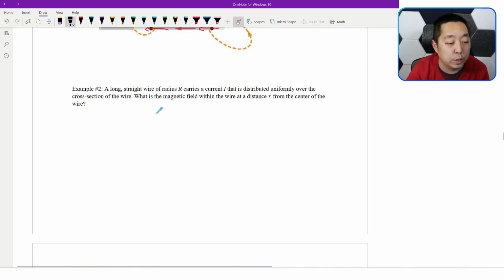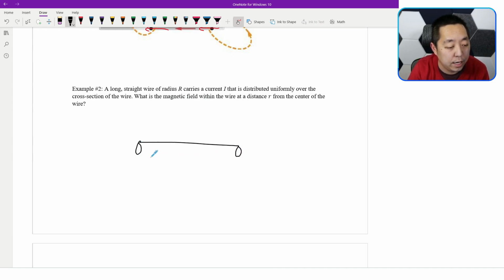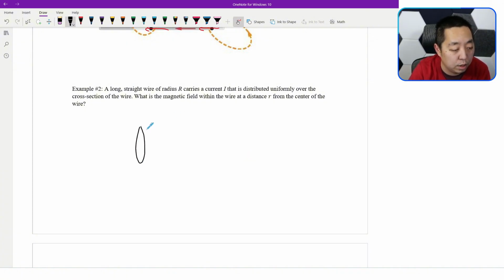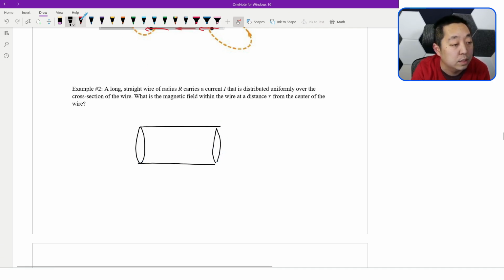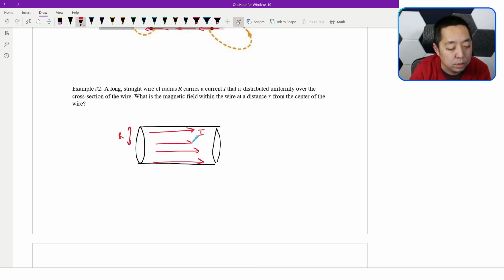Example 2: a long straight wire of radius r carries a current I that is distributed uniformly over the cross section of the wire. Let's make it a little thicker. The radius of this is r, and we have a total current I, but it's distributed throughout the cylinder.